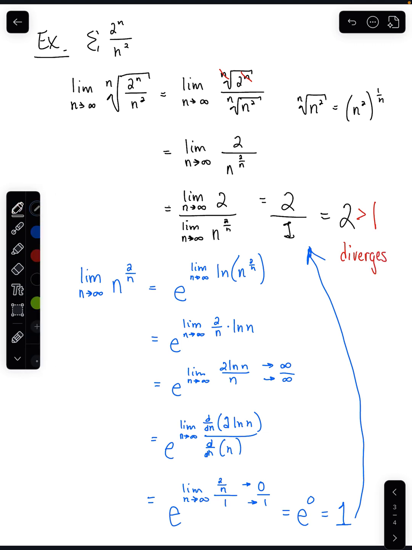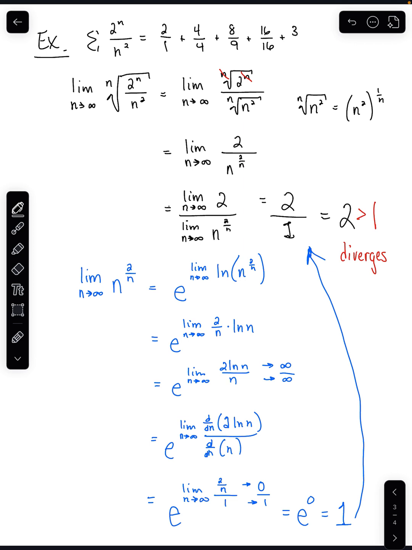We can again get a feel for this by looking at the terms of the series. When n is 1, we have 2 over 1. When n is 2, we have 2 squared over 2 squared. When n is 3, we have 2 cubed over 3 squared. Then 2 to the 4th over 4 squared.